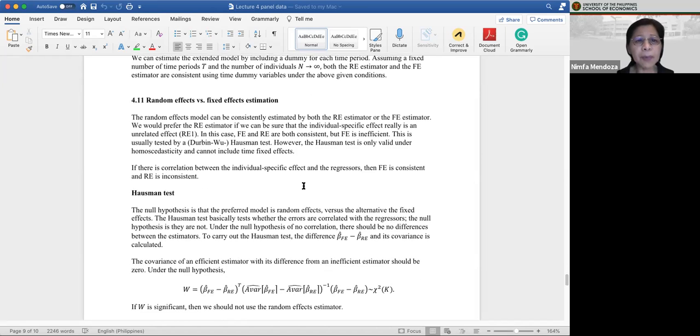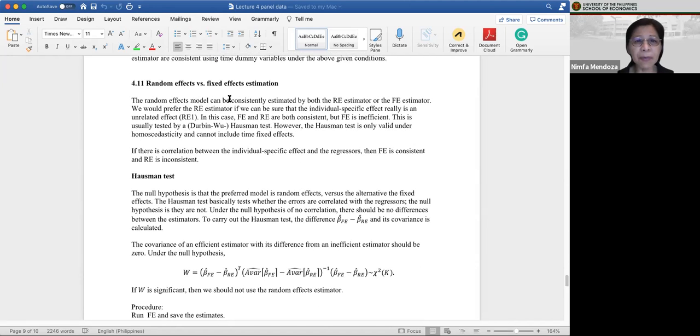Let's move on to a comparison of random effects and fixed effects estimation.